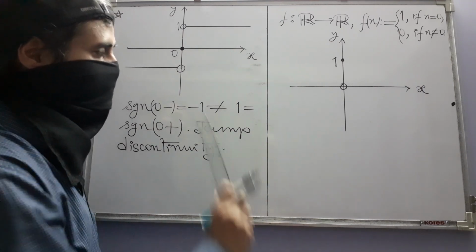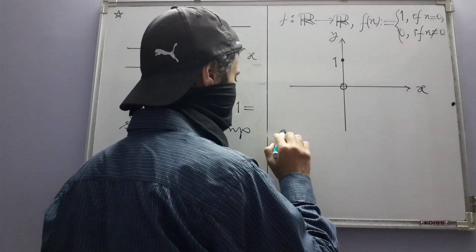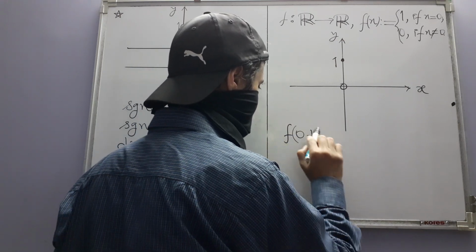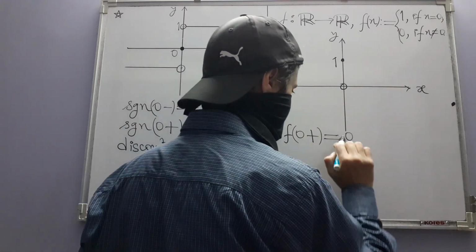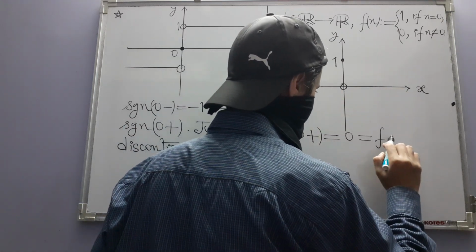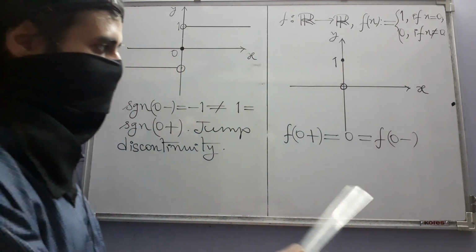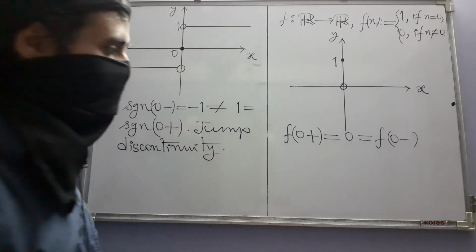So what about this function? If one tries to think of the left and right limits at 0, one will then quickly realize that the right limit is 0 and the left limit is also 0. So in this case the right and left limits exist and they are equal, not like this case.